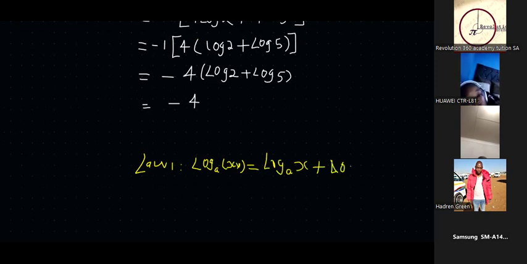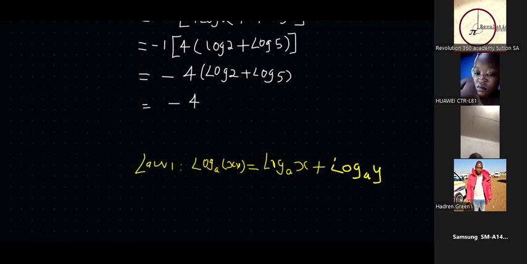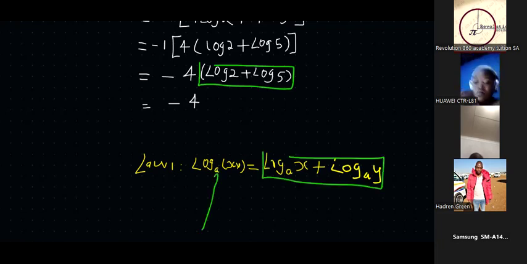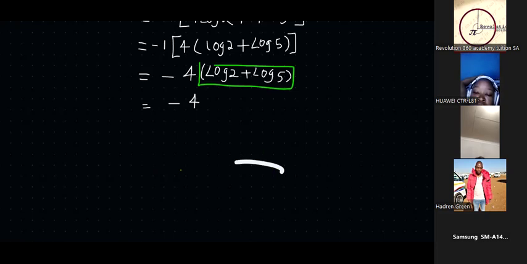You can actually see that this one here is written in this form, so we're going to change it and write it in the other form. This basically means you multiply x and y. But in our example, x and y are represented by 2 and 5. So you multiply 2 and 5, you get 10. What is log 10? It's 1. -4 times 1 is -4. That's the final answer.